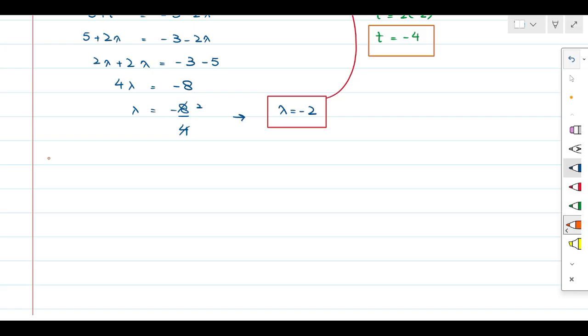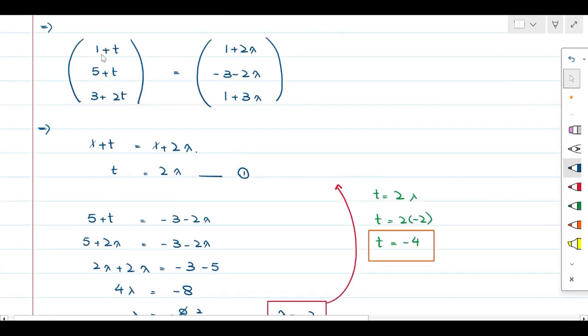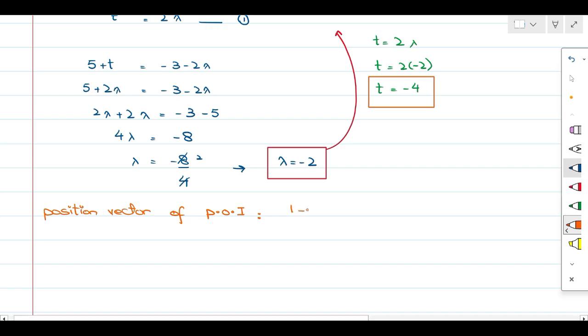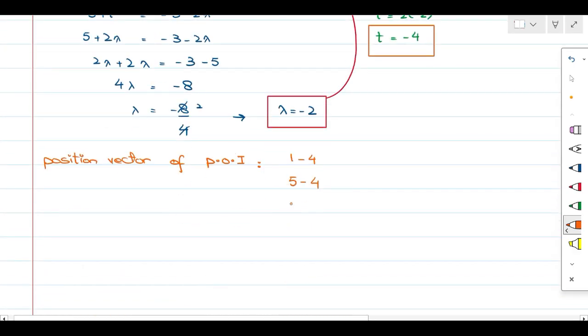So the position vector of the point of intersection of two lines, we can put in this or you can put in this, both are the same. 1 plus t, 5 plus t, 3 plus 2t. t is minus 4, right? 1 plus t, 5 plus t, and 3 plus 2 times t, that is equal to negative 3, negative 1, sorry, positive 1, not negative 1, and 3 plus 2 times minus 4 is minus 8, minus 8 plus 3 is minus 5.